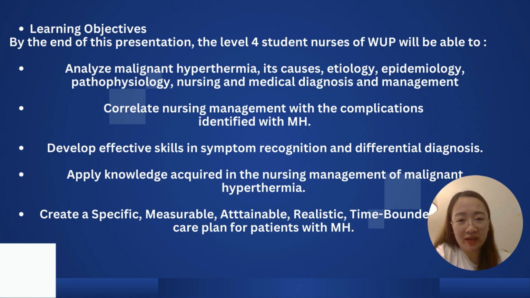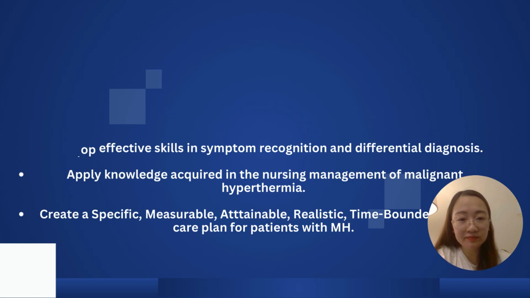We should also develop effective skills, as what I have said earlier, in symptom recognition and differential diagnosis. Next is to apply the knowledge acquired in the nursing management of malignant hyperthermia. And last, I want you all to create a SMART care plan, specific, measurable, attainable, realistic, and time bounded for patients with malignant hyperthermia.